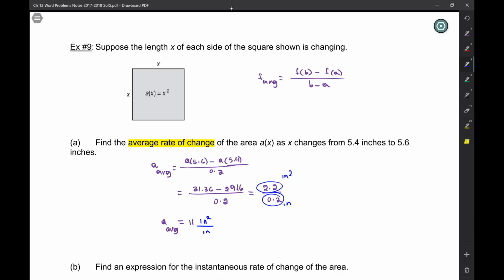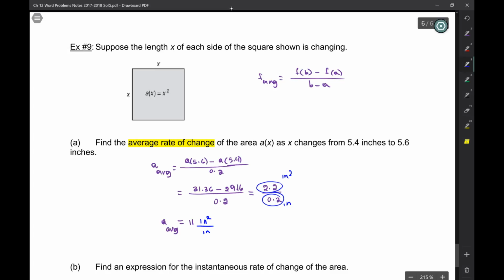No, because one is area, one is length, right? Suppose each of these sides were 5. What would the area of that square have been? 25 square inches. You know that.